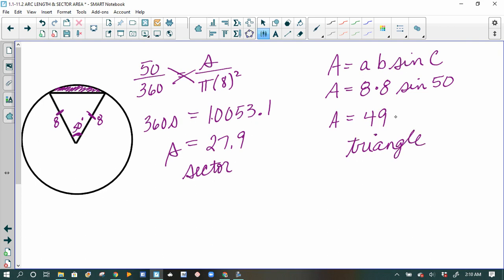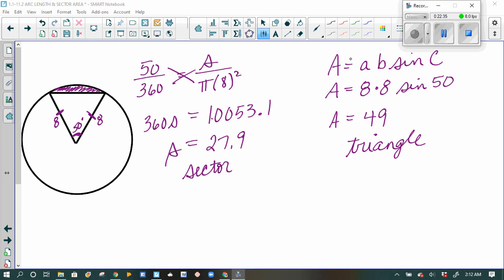So now, something didn't work out. 64 sine C, area of the triangle. The triangle should be smaller than the sector. All right, let me see what I did wrong. Okay, I know what I did. I had to think about it for a second.